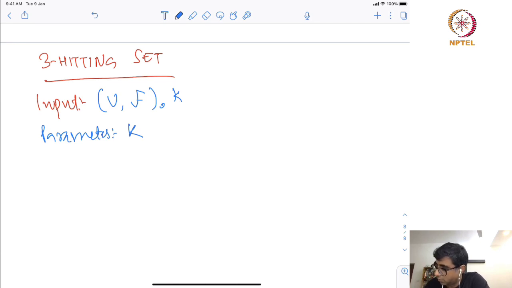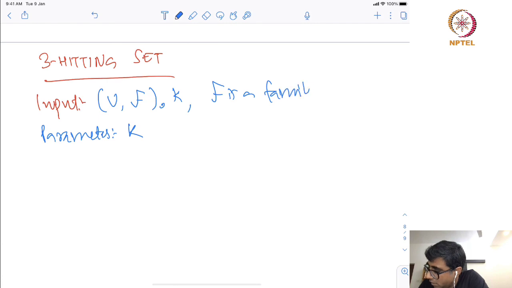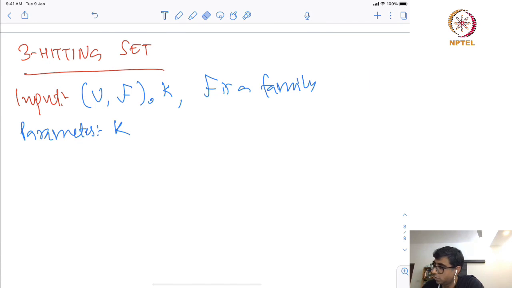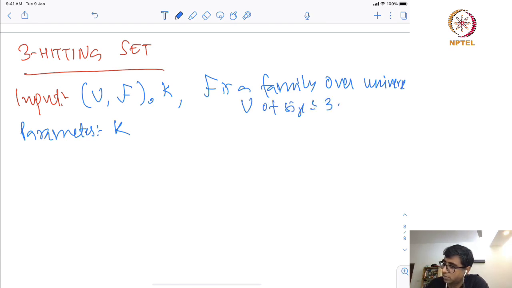F is a family over universe U of sets of size at most 3.